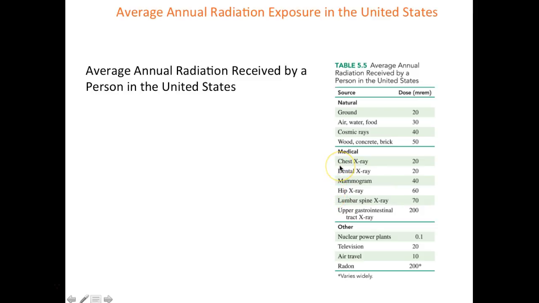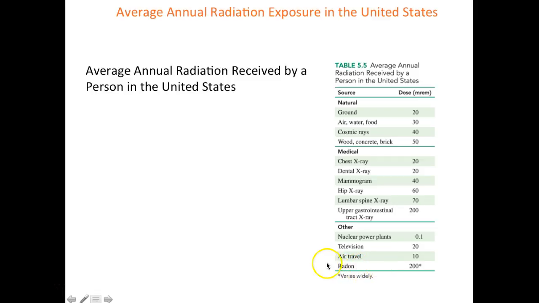They do ask you to limit the amount of x-rays per year, just to reduce the exposure to the radiation from x-rays. And then, of course, from TV or air travel, or even that radon, as I mentioned, that collects in basements and buildings and so on.